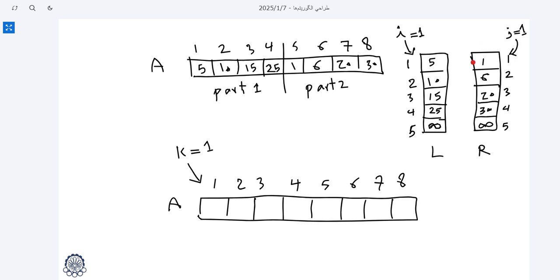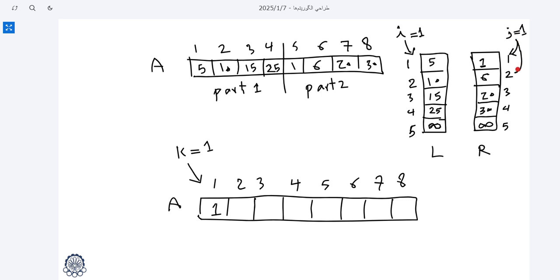So we compare these two values. Whichever is minimum is copied into the original array A. So 1 is copied to the first room of array A, and because value 1 is copied from array R, the index of array R is increased.